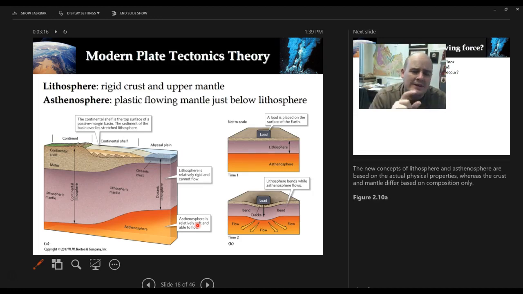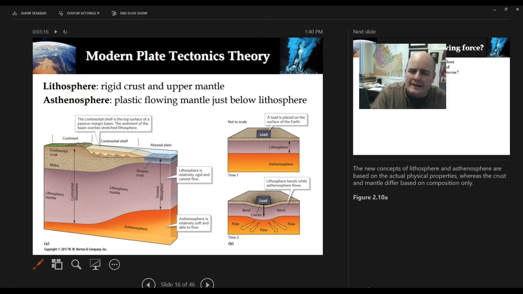The lithosphere is that outer rigid crust and the upper mantle, just the portion of the outside of the mantle that acts rigidly. Okay. And the crust is at the very top portion of that. So you have the crust and then the upper mantle. That's all part of the lithosphere, and that's what's acting together. Now the asthenosphere, remember, is that material that's just below.